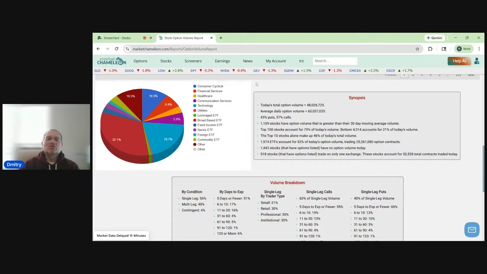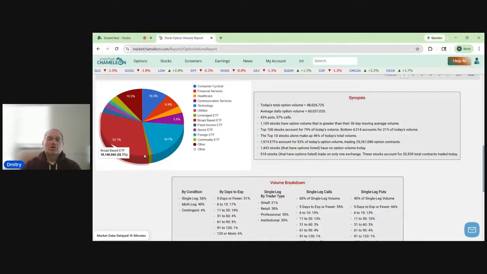So over here we have a chart of where most of that option volume flowed based on sector. It breaks it down by individual stocks and ETFs. So ETFs represented 32% of all the option volume, which is, you could see, the greatest portion of that pie.